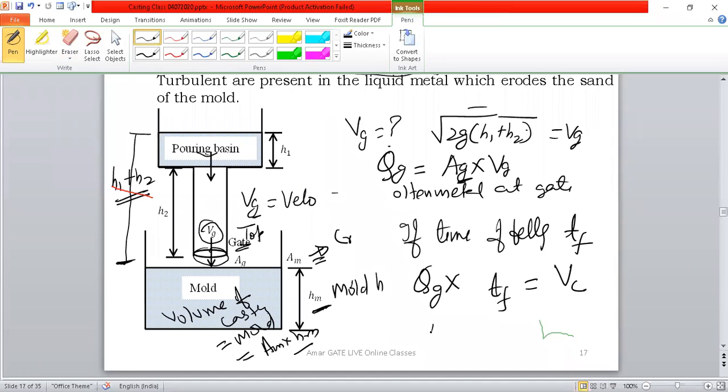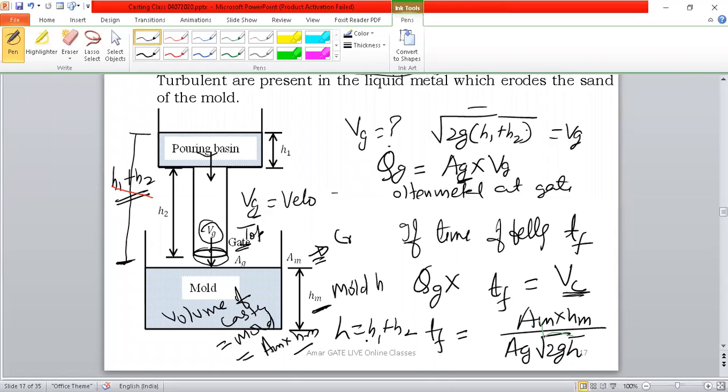So Tf is equal to the volume of casting, that is Am into Hm, divided by Ag root under 2gH, where this H is equal to H1 plus H2, that is the total head above the gate.